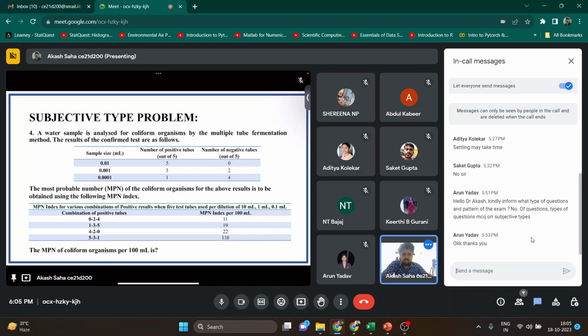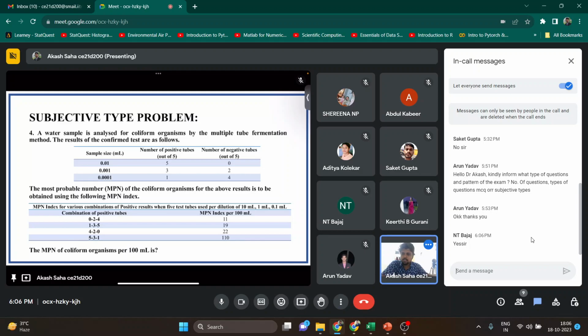But now again, we have to see that this NPN index is given for 10 ml, 1 ml and 0.1 ml of sample, whereas in our experiment, we have taken sample as 0.01, 0.001 and 0.0001. But the NPN index chart that is provided to us is for 10 ml, 1 ml and 0.1 ml. So we have to make some dilution correction.